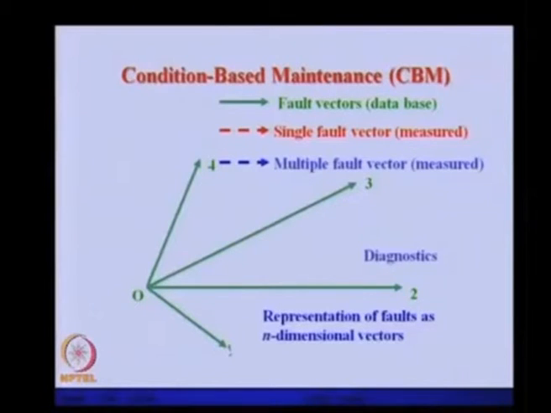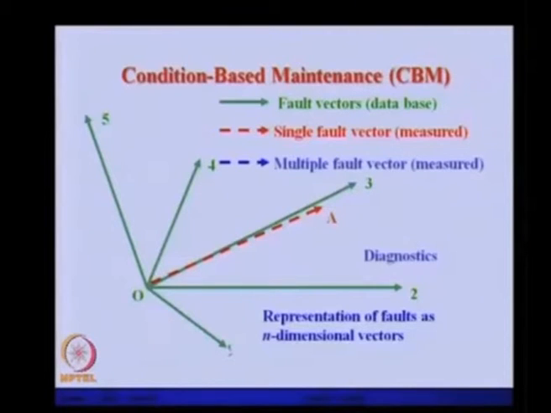That will be the database corresponding to various kinds of faults. So, these are the 5 types of faults a particular machine can have. We can first generate this kind of database.